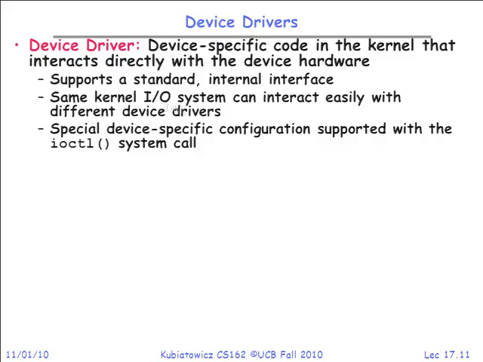Anyway, special device configuration, which is unique, is typically done in some completely out-of-band fashion. For instance, in Unix, there's something called the ioctls. If you do a man on ioctl, you'll see about the most random collection of interface things you could possibly imagine, because different ioctls work for different devices.